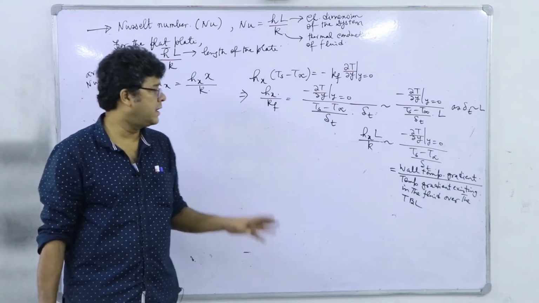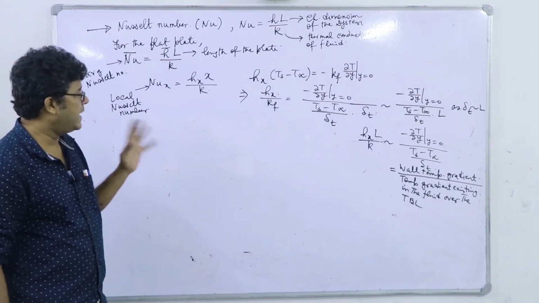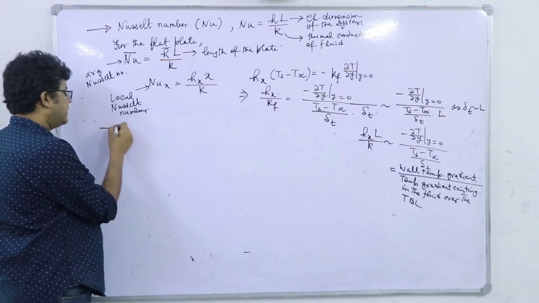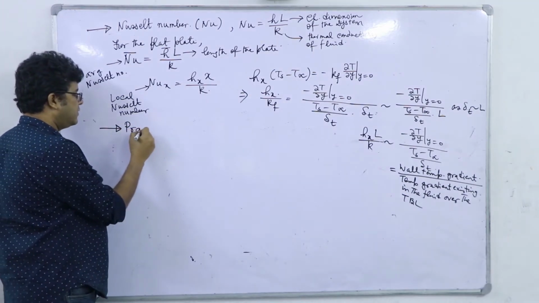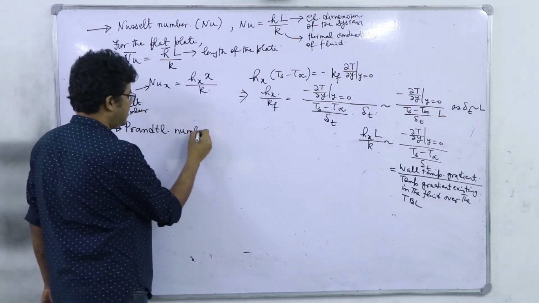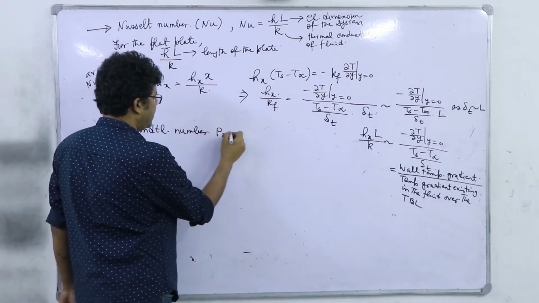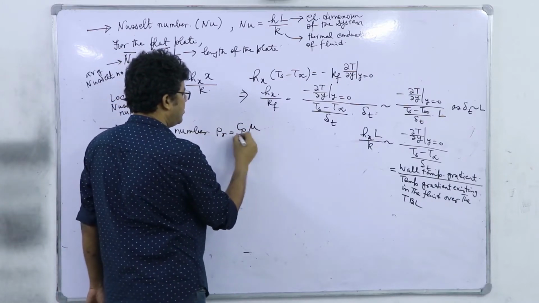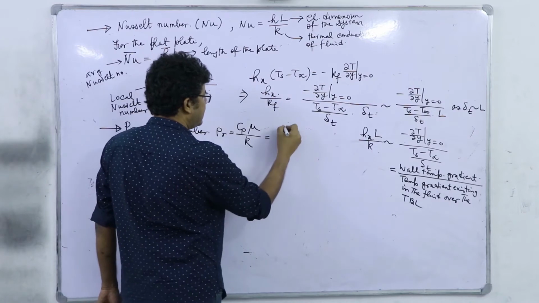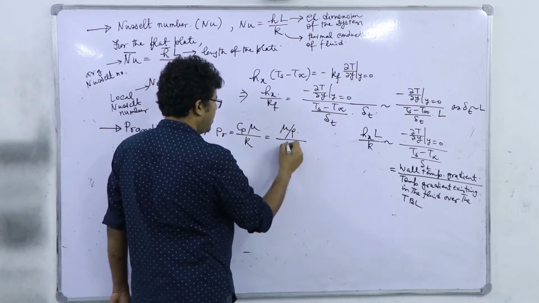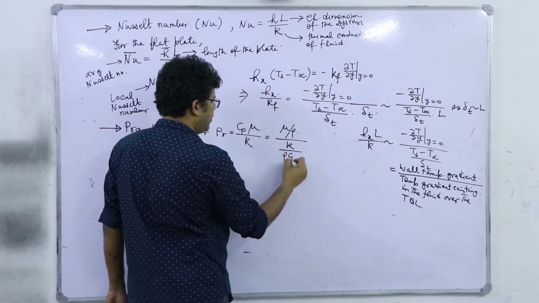So, the thing is, next is something related to diffusivity, and that we are discussing here. What is that? Prandtl number, Pr, which is Cp mu by K. So, that is, we can write mu divided by rho, K divided by rho Cp.